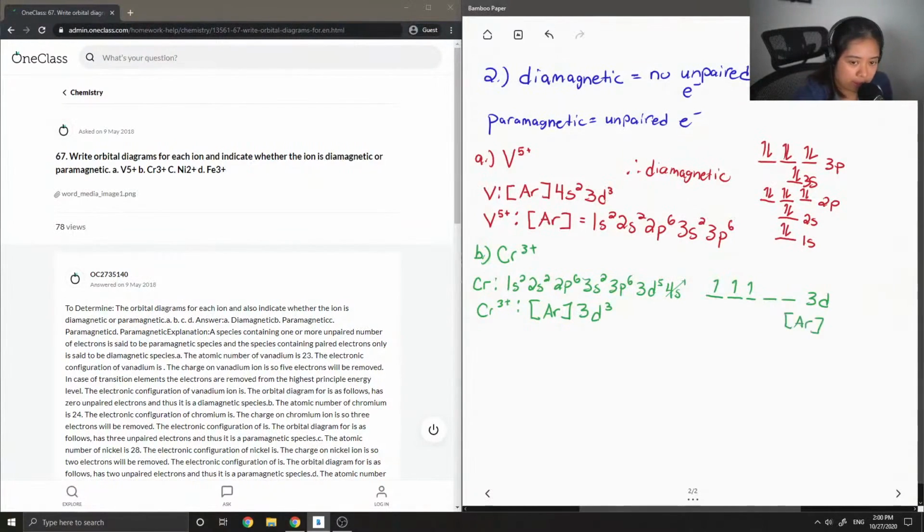Just to show, I skipped all of the argon electrons and went straight to the 3d. It shows that you have 3 electrons and none of them are paired, so therefore this is paramagnetic.